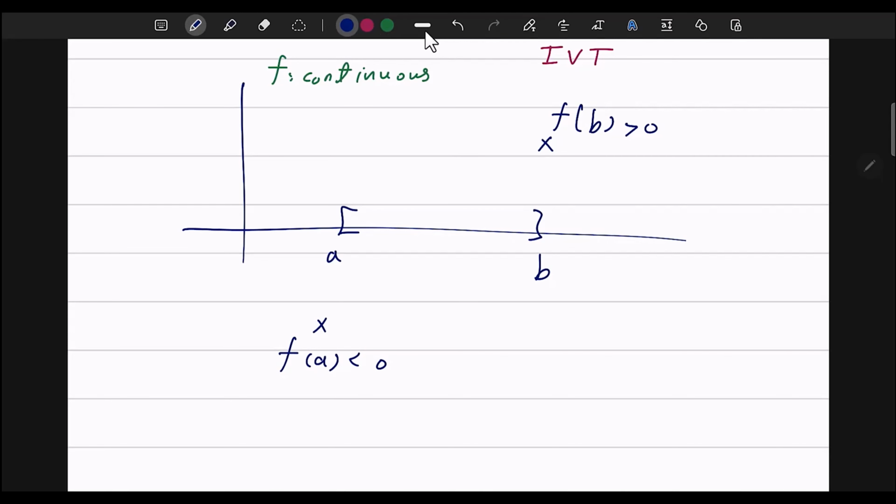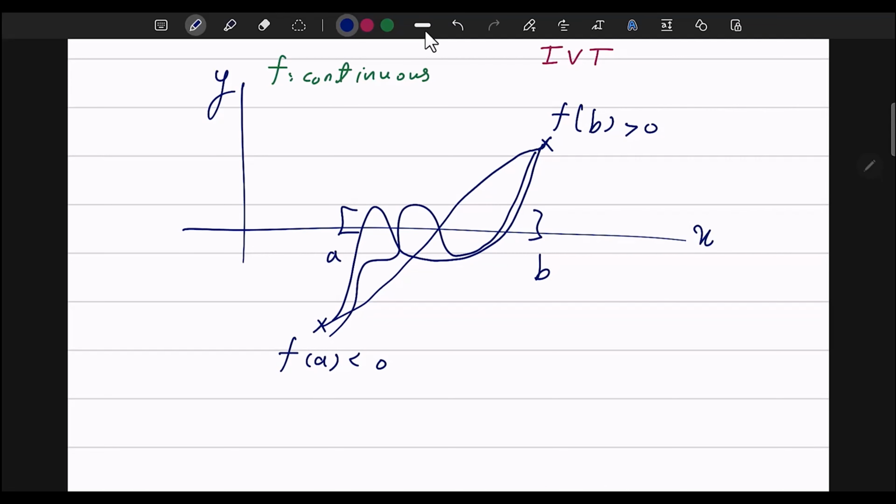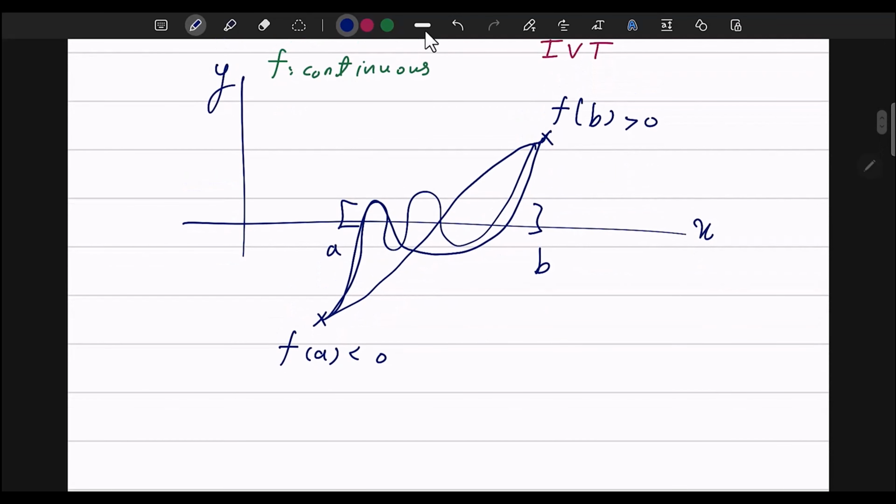Then there would be at least one root in the interval a to b. In other words, if this is the x-axis and this is the y-axis, f has to pass through the x-axis at least once. So it could be like this, it could be like this, it could be like this, and so on. But it would be impossible for f not to pass through the x-axis.